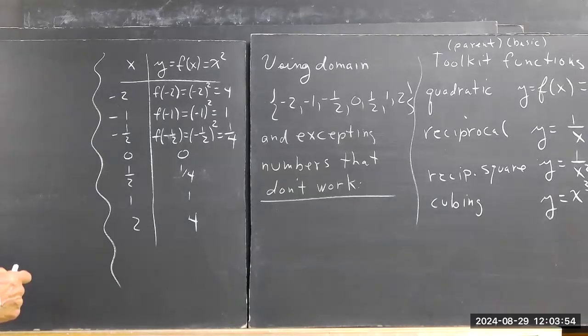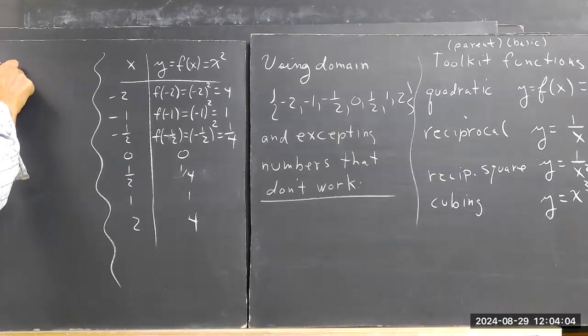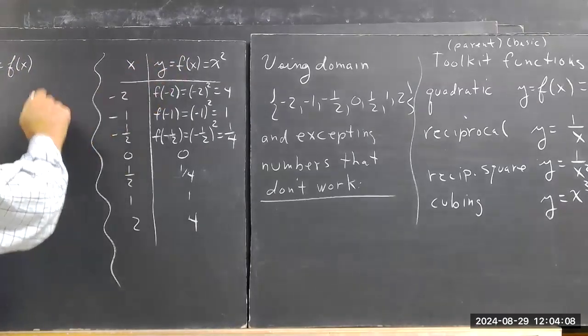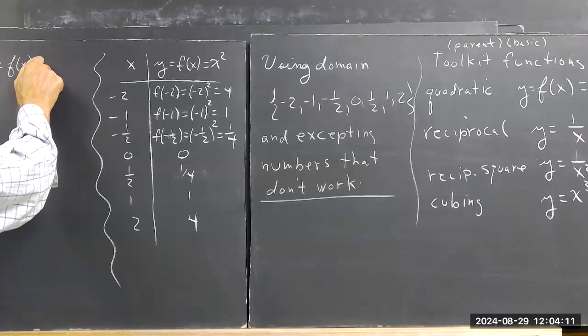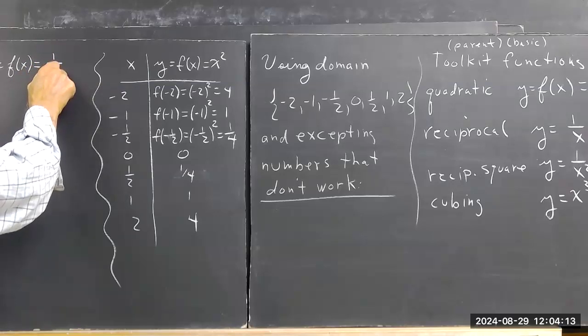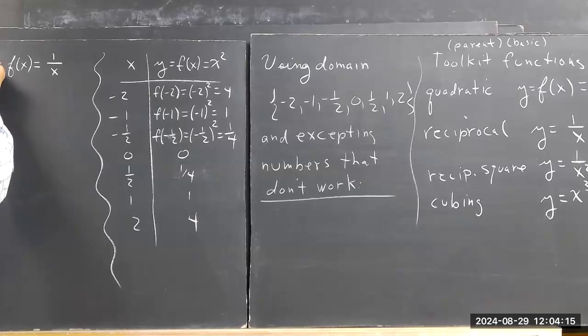Okay, then we have the reciprocal function. I'll still use f for this one. It's a different f than this one, but we're done with this one, so we can call this one f if we want to. Same numbers. You've seen the rules.